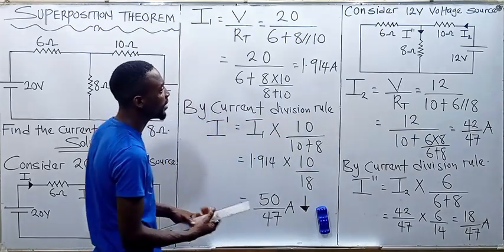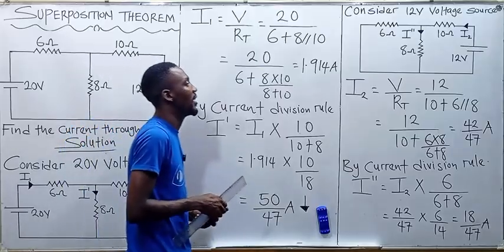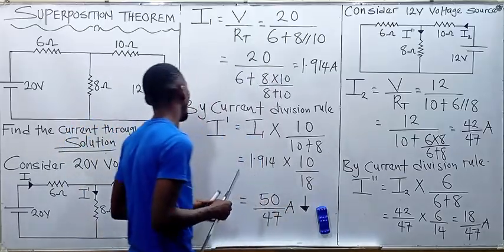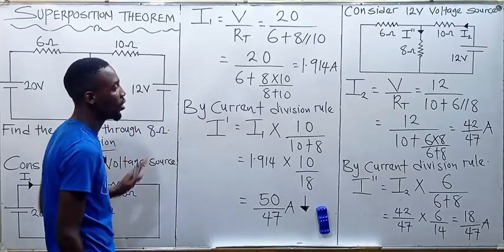Now we have gotten our I prime prime by the time we consider 8 volt only, and we have gotten our I prime by the time we consider 20 volt only.